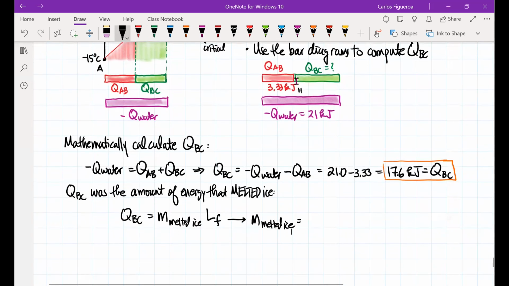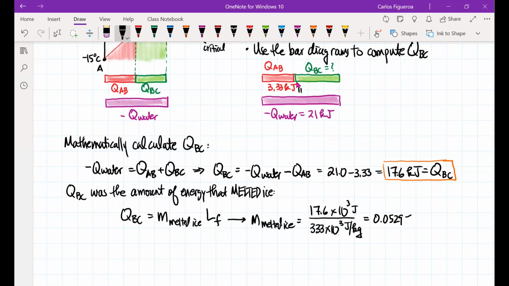With QBC, it's going to be 17.6 times 10 to the 3 joules. Then the latent heat of fusion is 333 times 10 to the 3 joules per kilogram, which then gives me a value of 0.0529 kilograms.